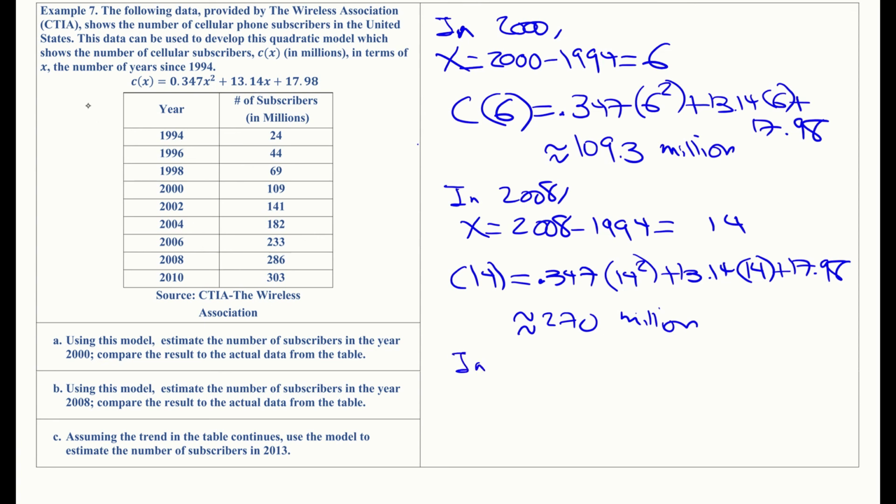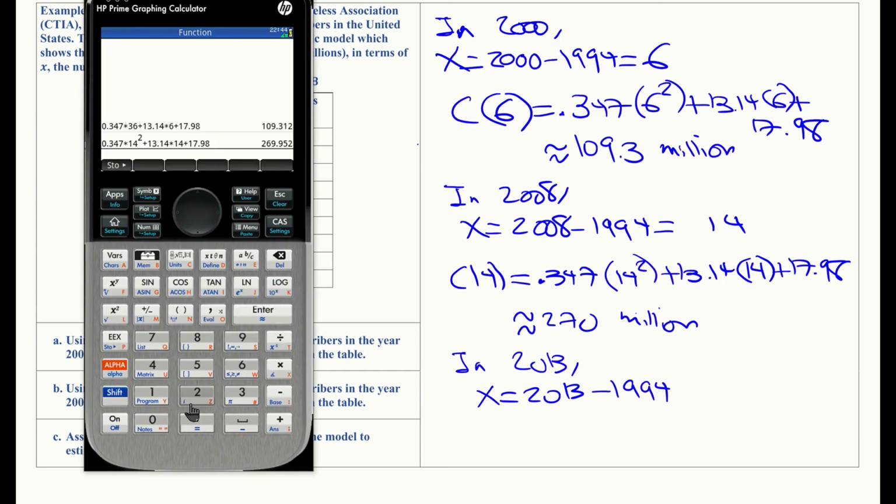So notice that we're going to do the exact same thing. In 2013, x is going to be 2013 minus 1994. Let's see, 2013 minus 1990.